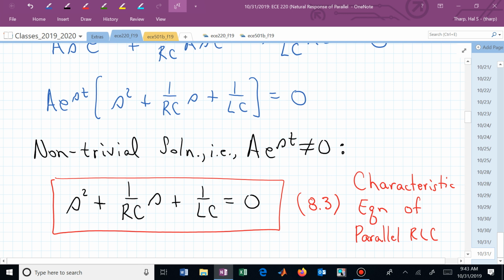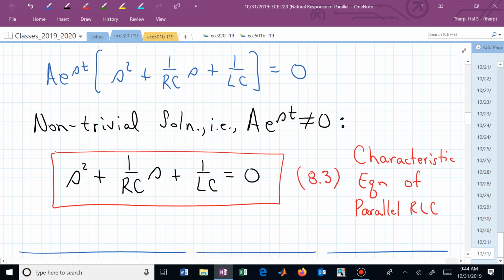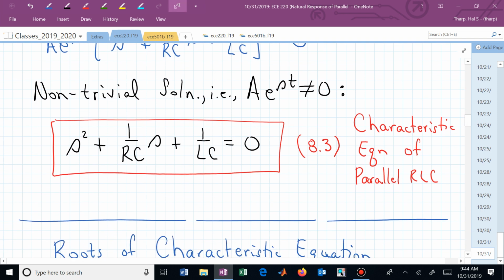And we know from previous math experience that when we have a quadratic, it could end up with complex roots.